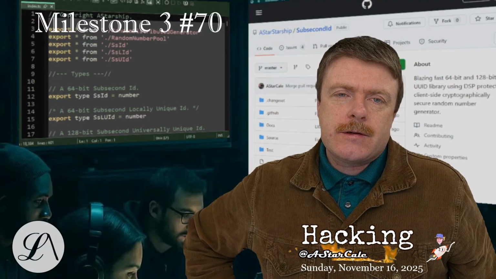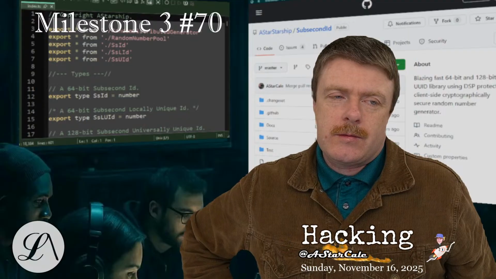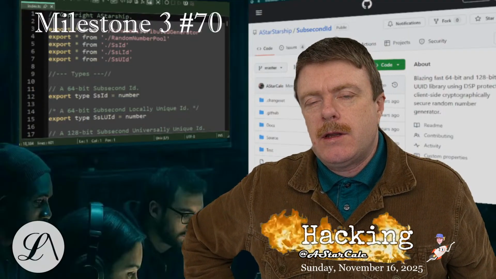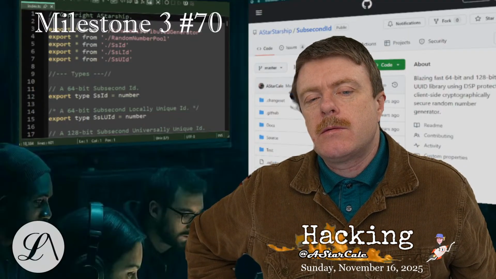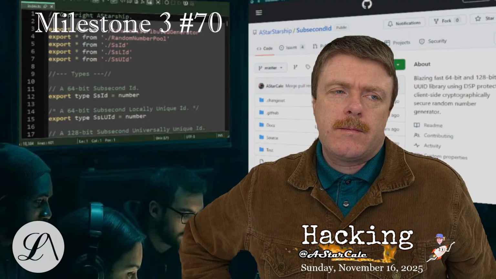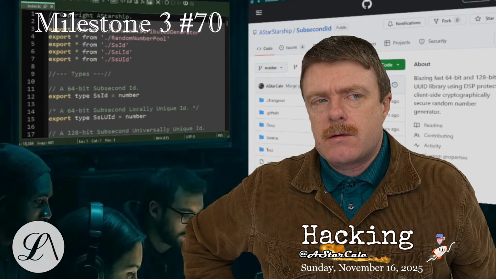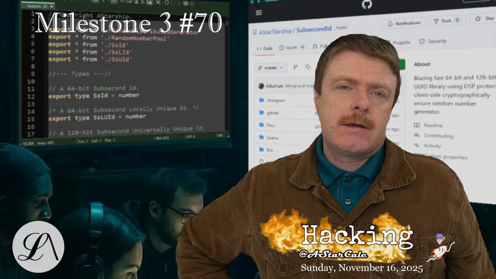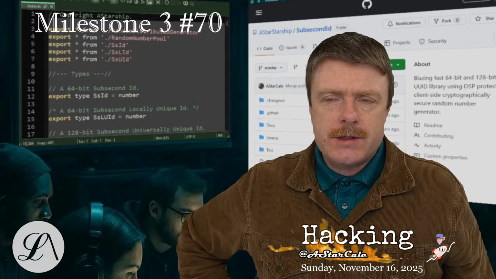So for the first X random numbers you're generating, like under 2,000, then it's going to be more CPU. But we would want to do that regardless.